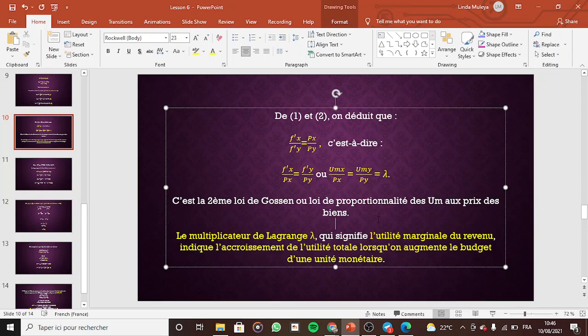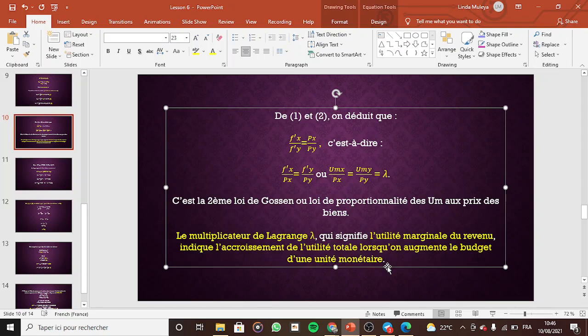And then, like I mentioned previously, in answer to the question that was asked, the last statement we have here says le multiplicateur de Lagrange signifie l'utilité marginale du revenu, indique l'accroissement de l'utilité totale lorsqu'on augmente le budget d'une unité monétaire.